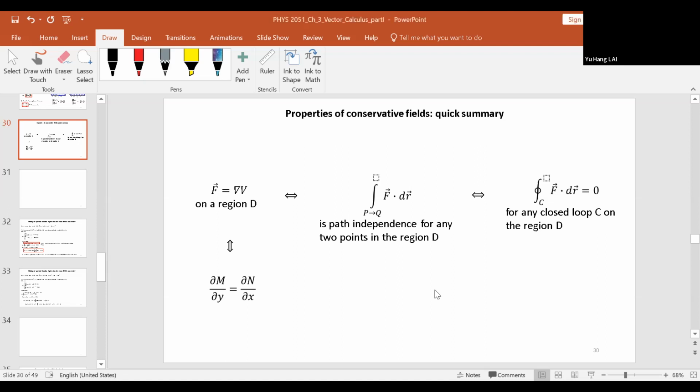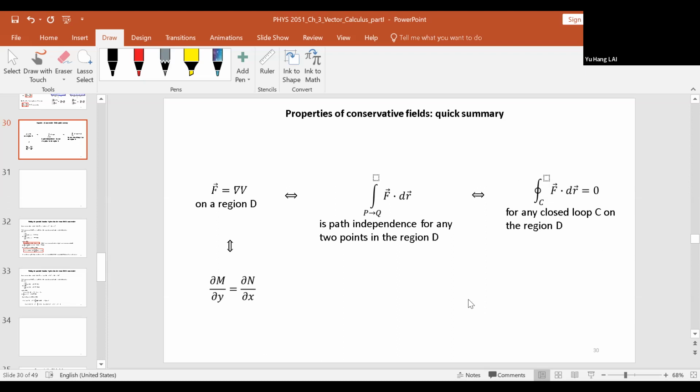Last time I also introduced the definition of conservative fields: if you can write the vector field as the gradient of some potential function, then that is a conservative field. The summary is given in this slide.